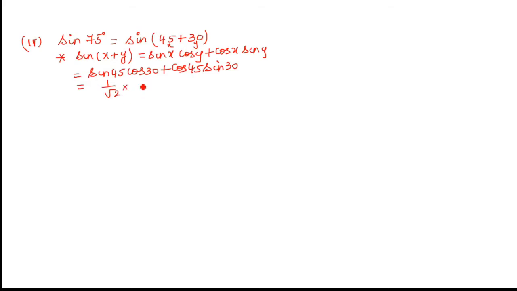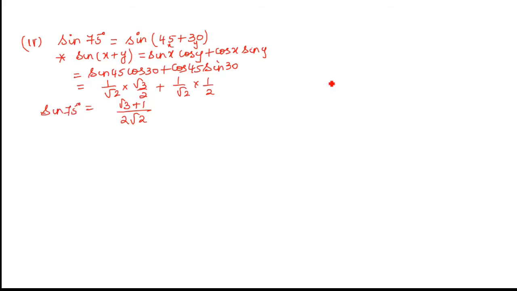Cos 30 is root 3 by 2, plus cos 45 is 1 by root 2. Sin 30 is 1 by 2. So again the denominator is common. So you are getting 2 root 2 in the denominator, root 3 plus 1. So this is sin 75.